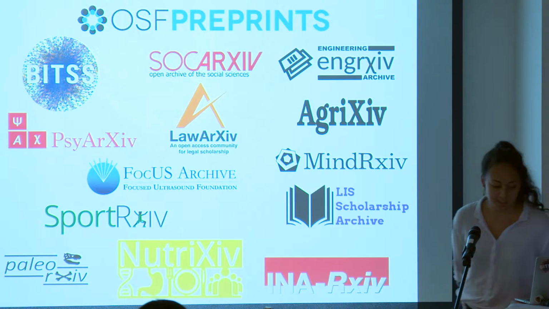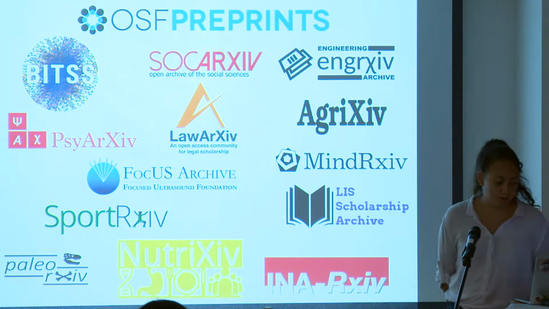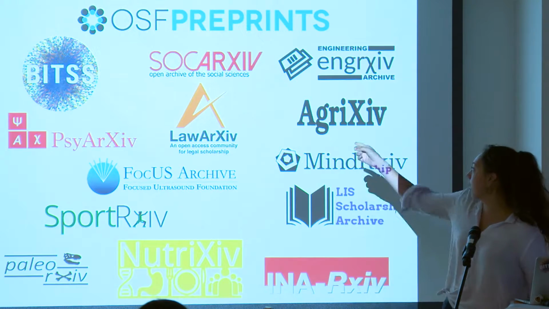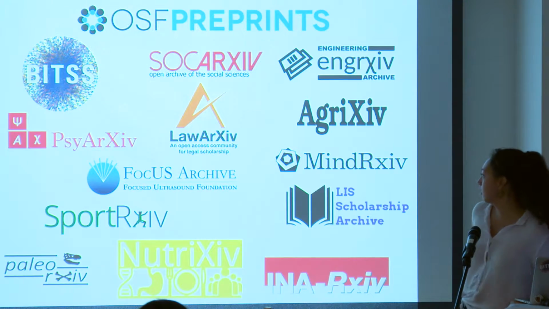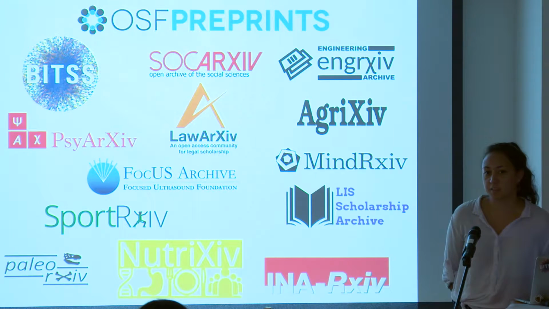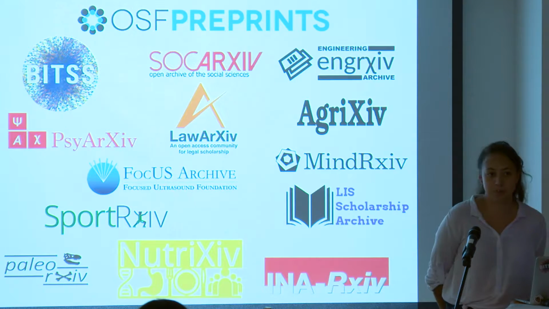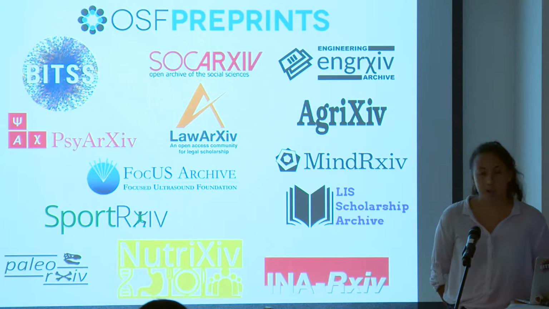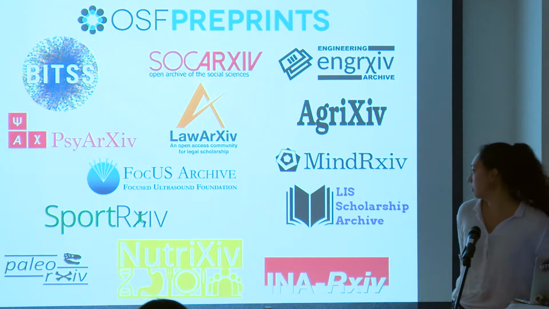BITS is just one of these. There are quite a few different services, such as SocArXiv, a sociology service, and many of you might already know PsyArXiv for psychology. There are also engineering, agriculture, law, really any discipline that you're interested in, you're going to be able to find a preprint service for it, and the OSF will let you search across all of those.